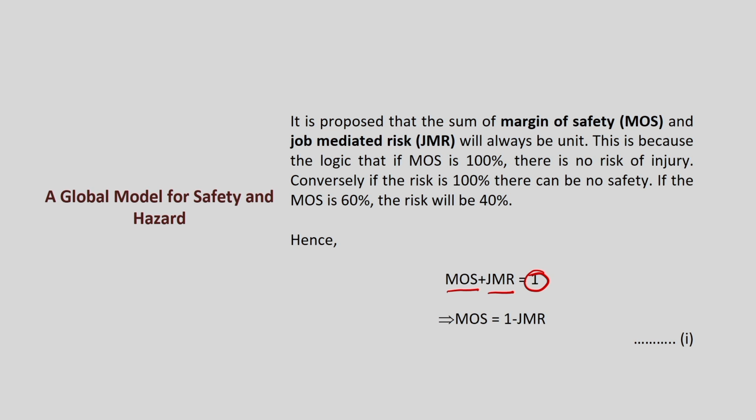Here is one important point: let me make MOS 1 and JMR 0, then the total value is also 1. Is it possible? It is not really possible in a realistic situation in the field, because it is not cost effective.